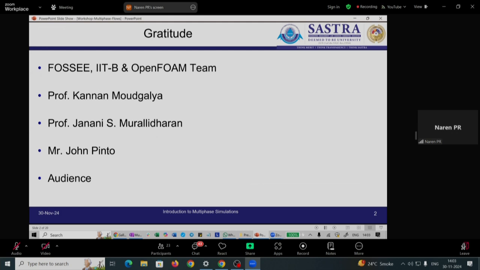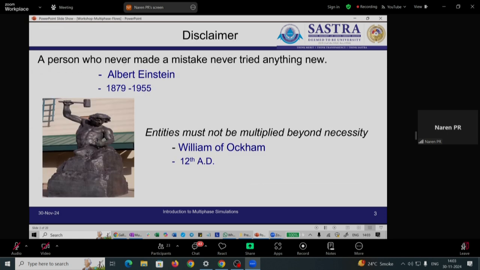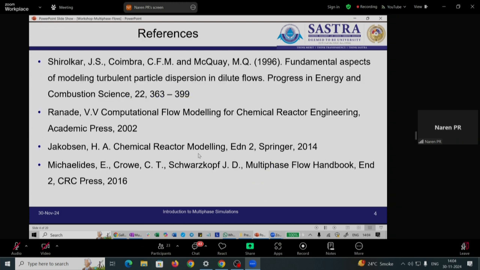And of course, the whole FOSSEE team, Payal Madam, and the audience. I have kept the presentation very simple. The idea is not to make everybody an expert in just 20 or 30 minutes, but to introduce the salient features of multiphase flow.